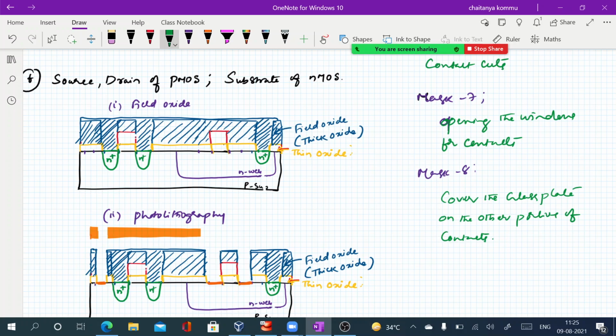Of course, this is the generalized view. If you want to fabricate this, more masks are required, but in the simplest manner we can consider that 8 masks are required to fabricate an NMOS device in this particular context.